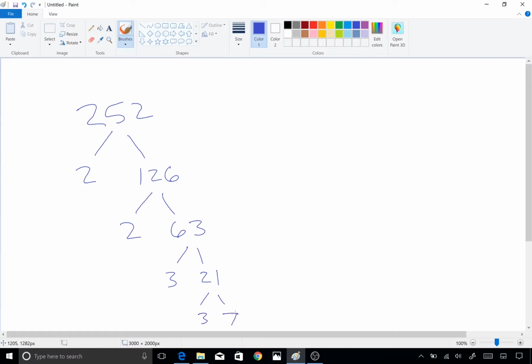So I'm done. I collect all of these, and the prime factorization of 252 is 2 times 2 times 3 times 3 times 7.